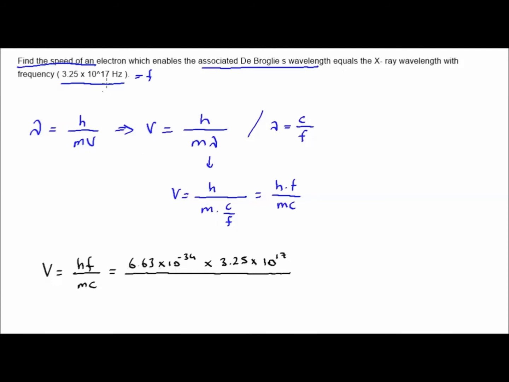It says electron, so the electron mass is 9.11 times 10 to minus 31, and c is the speed of light, 3 times 10 to 8, which is the accepted value of it. So the result is going to be 7.88 times 10 to 5 meters per second.